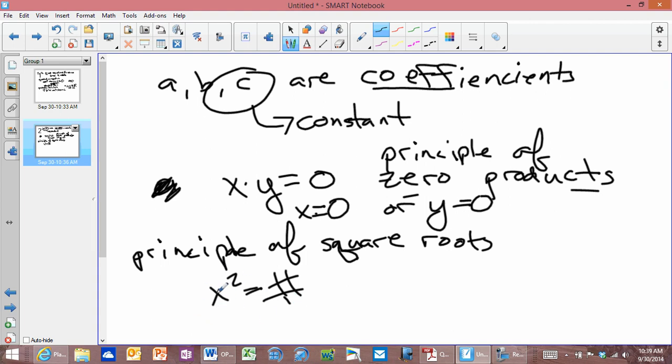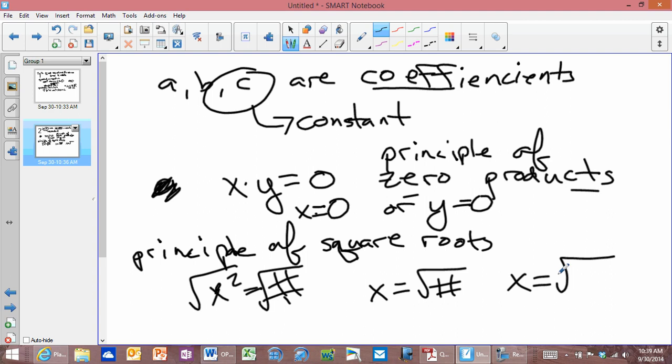What's the inverse operation of squaring the x? I have to take the square root of both sides. So then I will have x equals the square root of the number, but I also have the negative square root of the number. When I'm talking about my two different square roots, I'm talking about the positive and the negative with the negative outside.